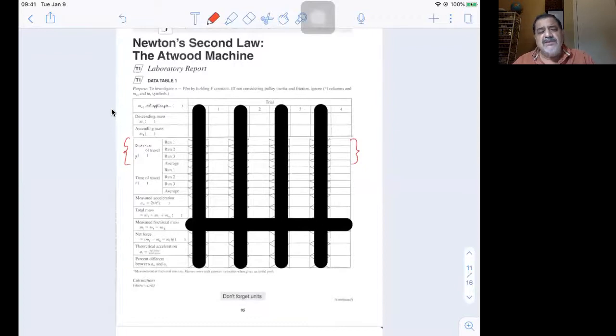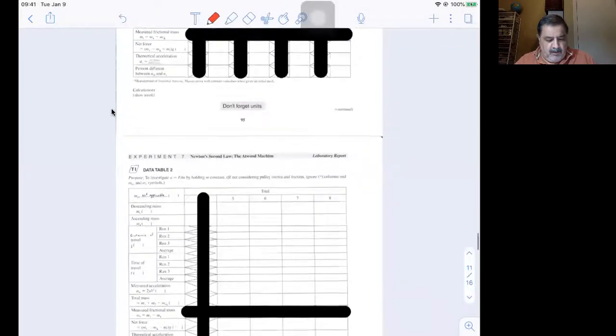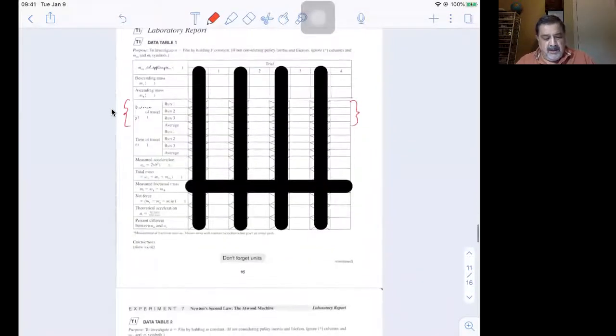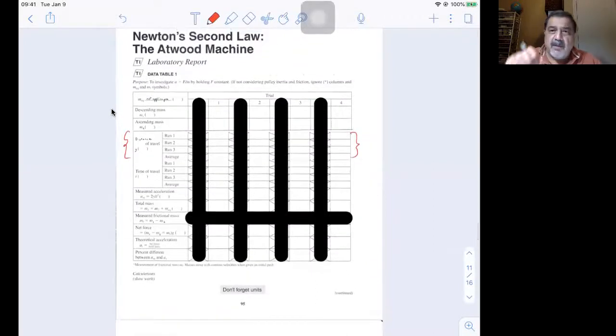And finally, the last one, since we can't go over 200, you're going to do 200 and 190. So there's always a 10 gram difference between the descending mass and the ascending mass. And that 10 grams is our force.